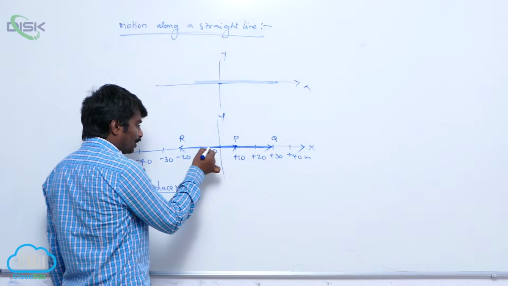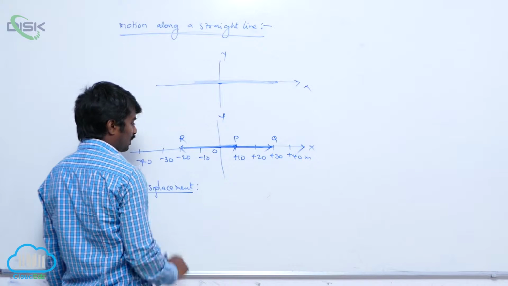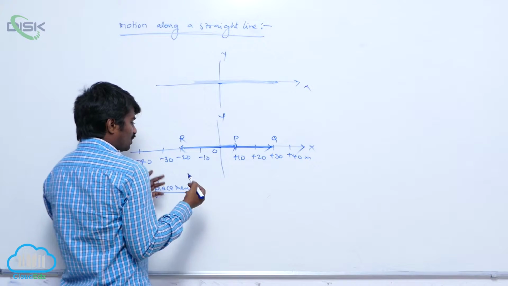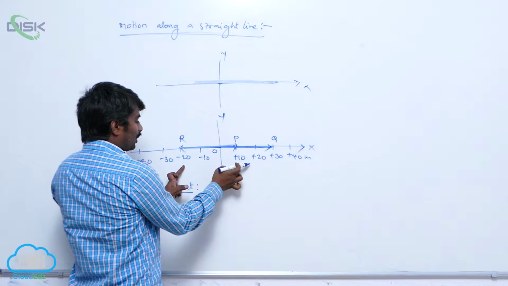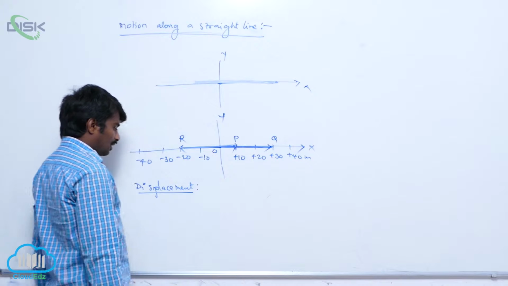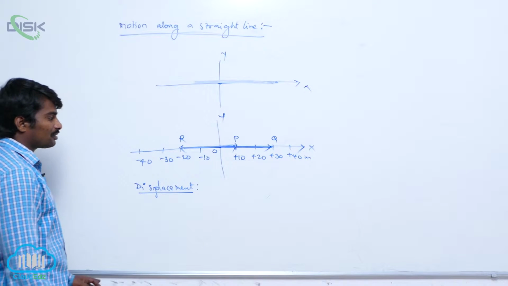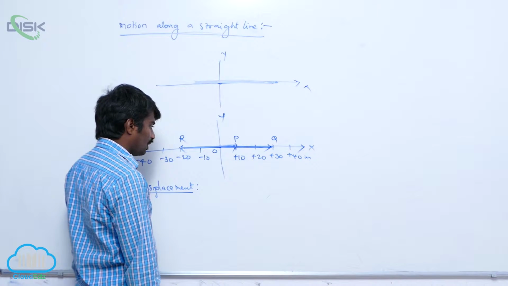From here to here only. This is the shortest possible distance between initial and final positions. So this is displacement. So what is its value? From here to here it is 20 units. From here to here it is 10 units. So 30 units, 30 meters is the displacement of the object. It is the shortest distance between initial and final positions.